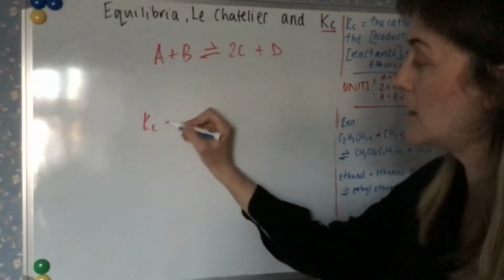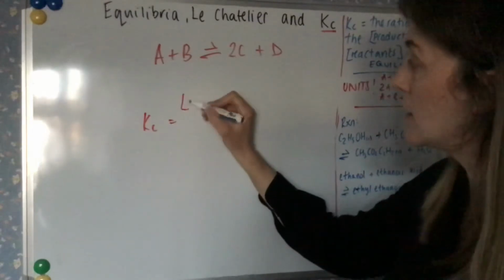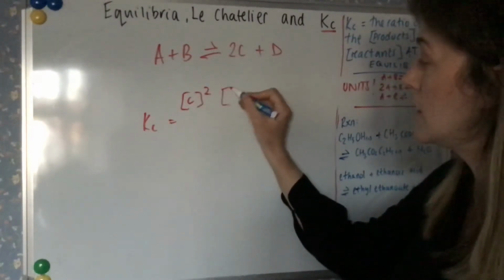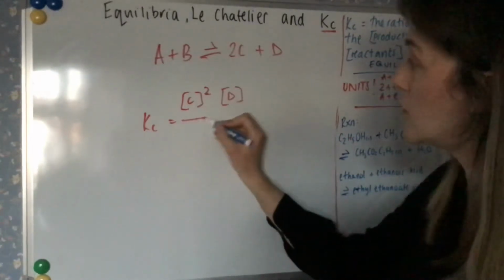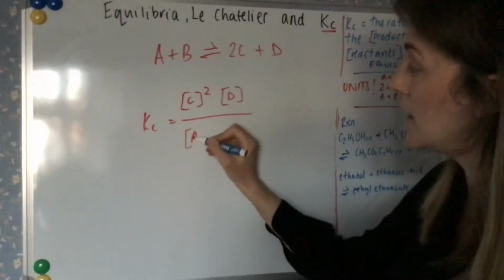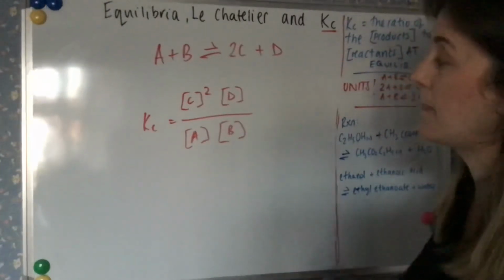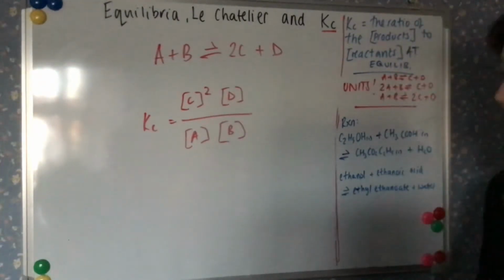Kc is equal to C squared times D all over A times B. So that's your equilibrium expression.